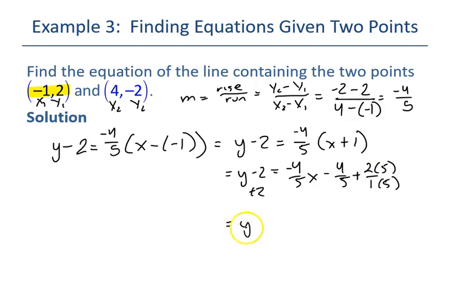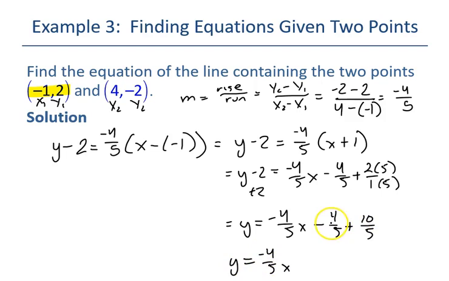So then I'm going to have y equals -4/5 x minus 4/5 plus 10 over 5. Okay, and then we're rounding off to the end here. We've got y equals -4/5 x. Okay, well, -4 plus 10 is going to give me a +6. So that's going to give me 6/5.